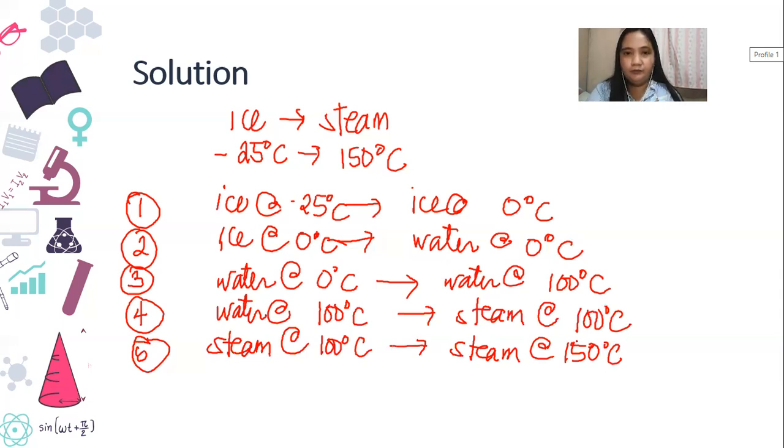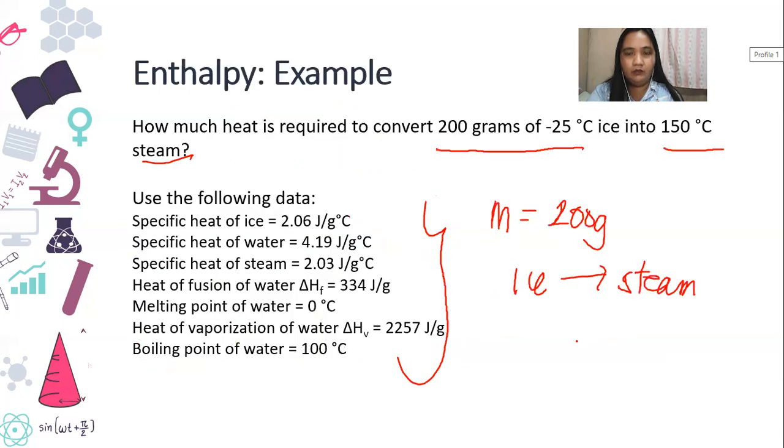Okay, I'll go back to this step. If you go back to the problem, it says here you just need to convert 200 grams of negative 25 degrees of ice into 150 degrees of steam. So trying to convert ice to steam. But of course, ice can't just become steam in one step.